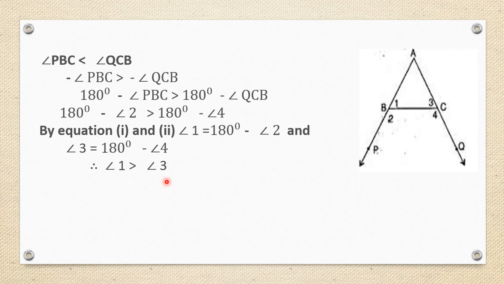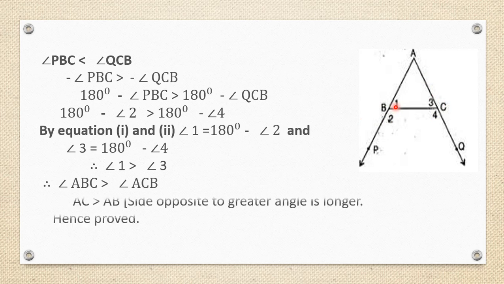Now let's talk about the sides of these angles. Taking angle 1, the side opposite to this angle 1 is AC, and the side opposite to angle 3 is AB. So we can say angle ABC is greater than angle ACB.